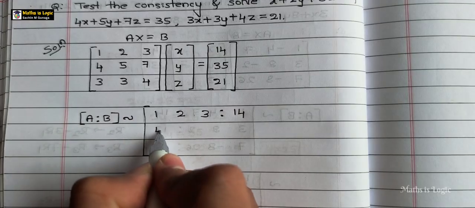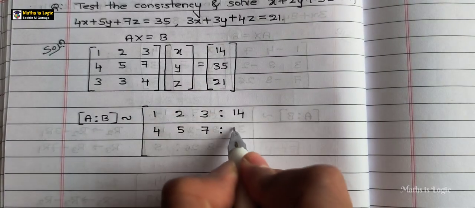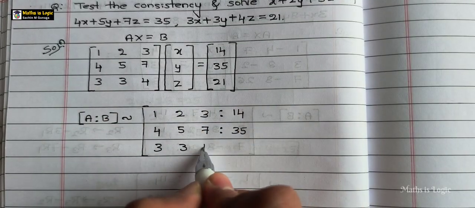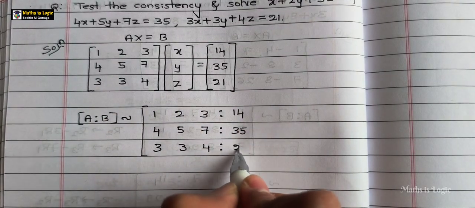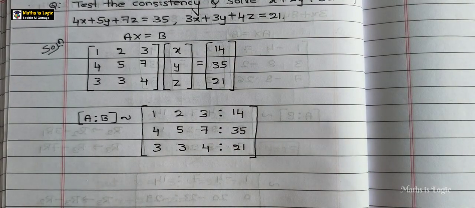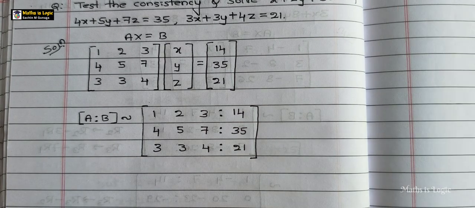Second row 4, 5, 7, 35. Third row 3, 3, 4, 21. Now we should apply row reduction to echelon form to find the rank of the augmented matrix.